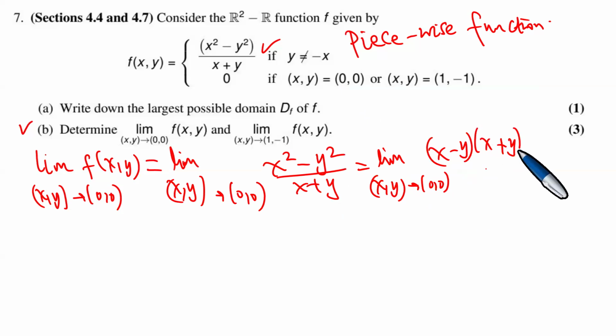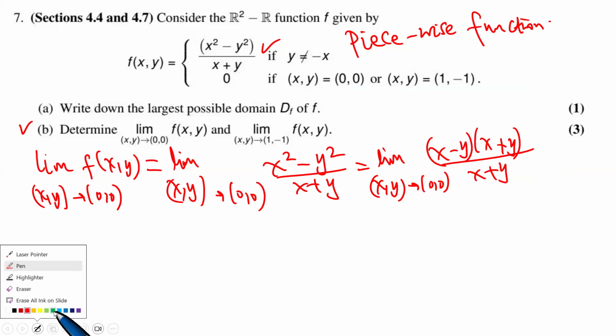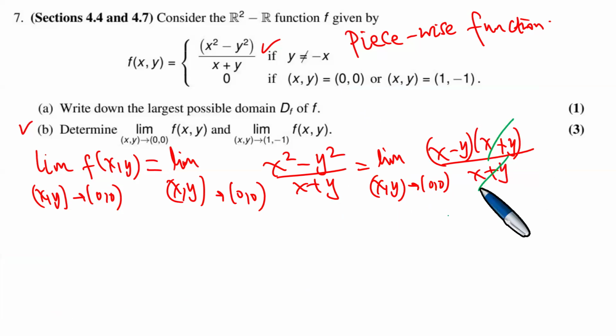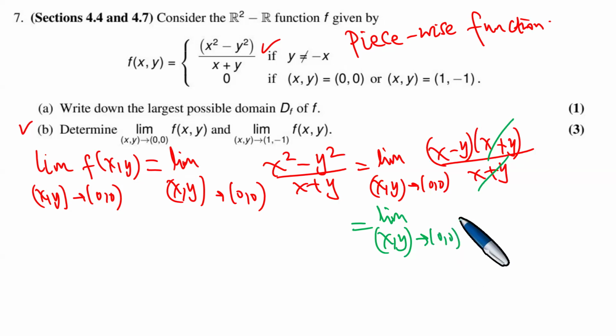And then there's x squared minus y squared divided by x plus y. This is therefore x minus y. Why do we even factorize the top?